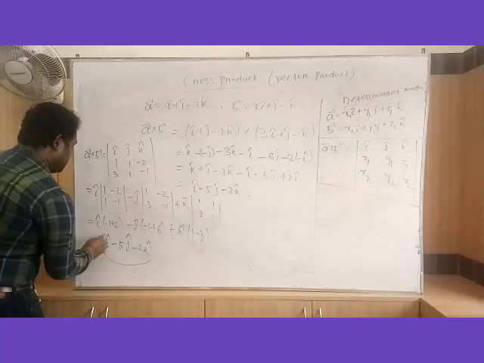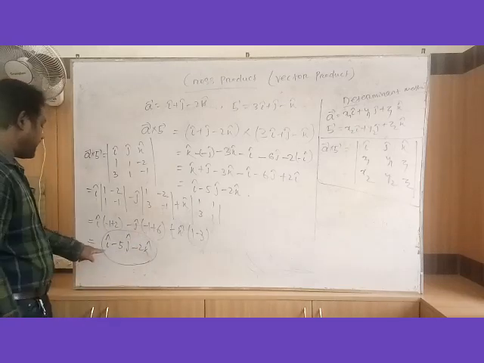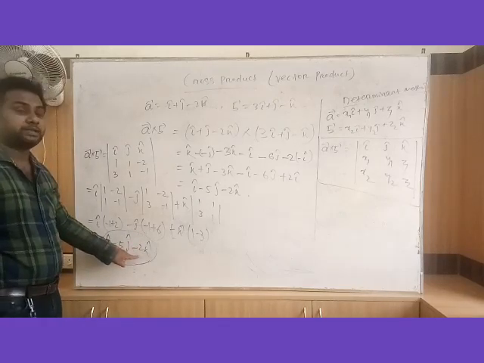See, the value of a cross b in determinant form is i cap minus 5j cap minus 2k cap.